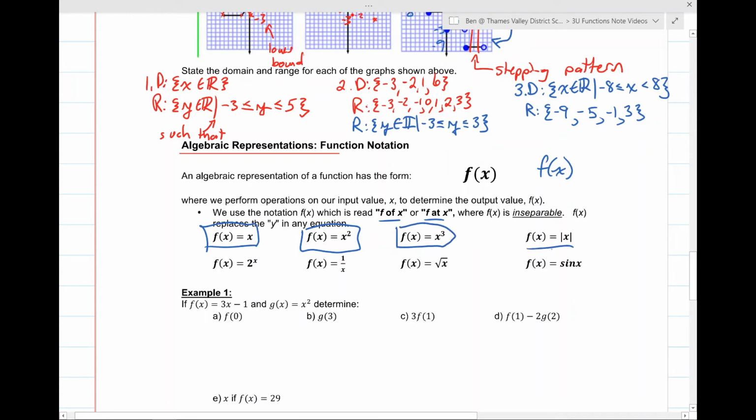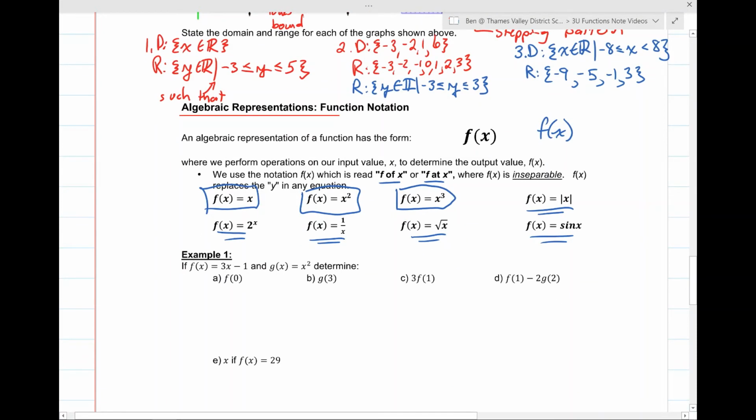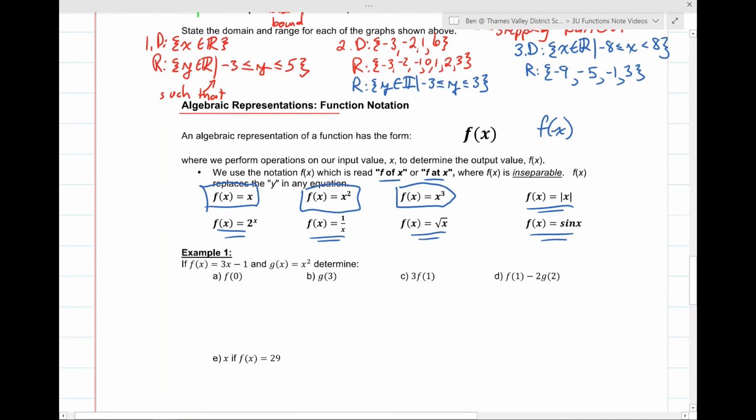We also have the absolute value function, our exponential function, our reciprocal function, our square root function, and a sinusoidal wave, which is our sine function. Now, we don't need to memorize those at all. We will become far more familiar with these functions as we work through this course.